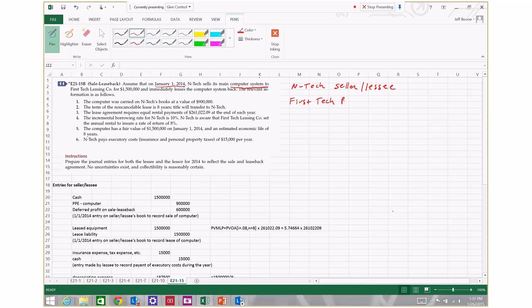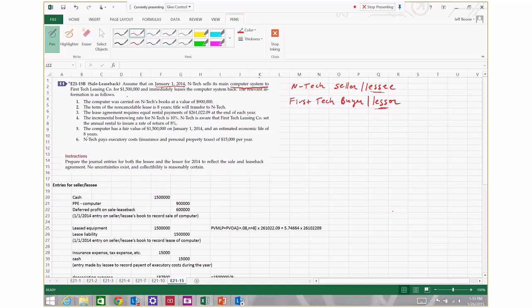First Tech is the buyer/lessor of the property. So immediately after Intech sells the property to First Tech, they lease the property back. Hence, that's why we call Intech the seller, First Tech the buyer. The buyer in turn leases the property back to the seller, so the buyer becomes the lessor and the seller becomes the lessee.